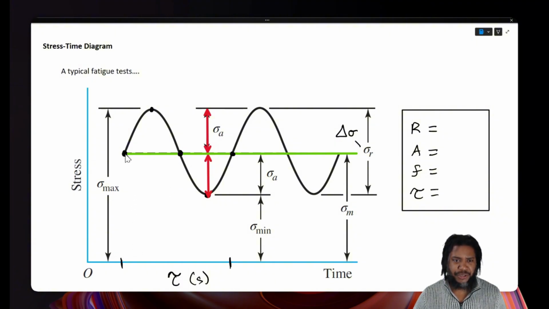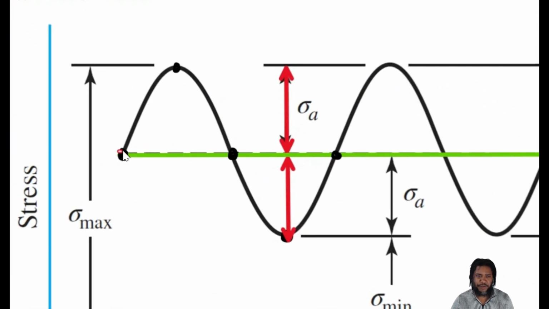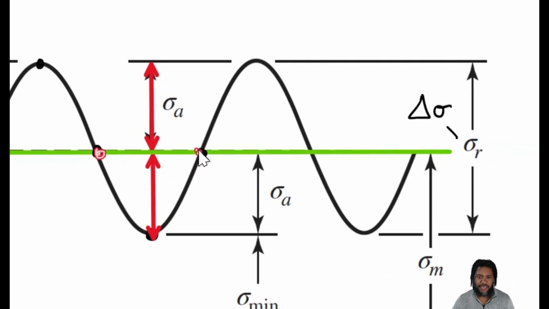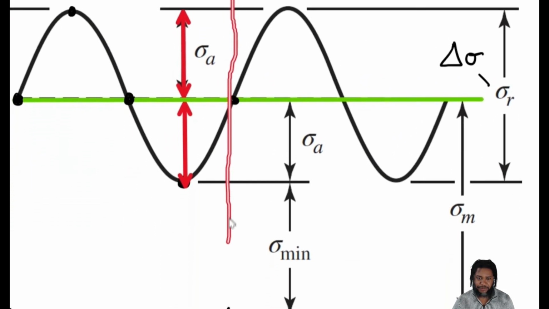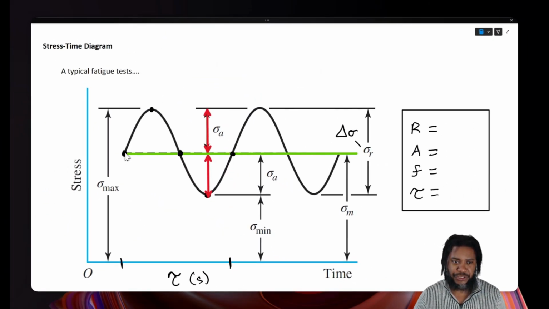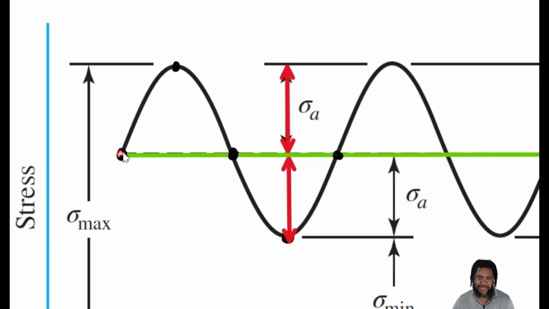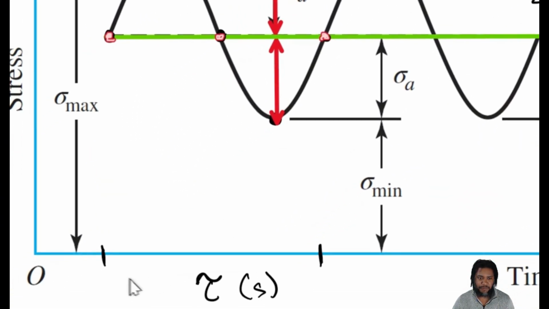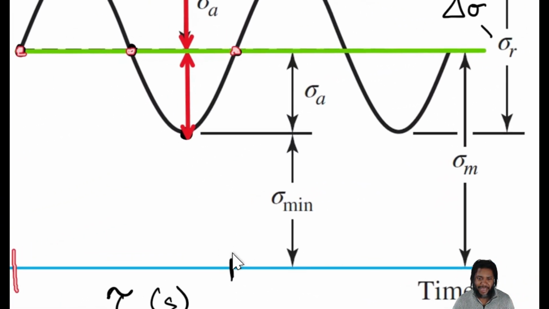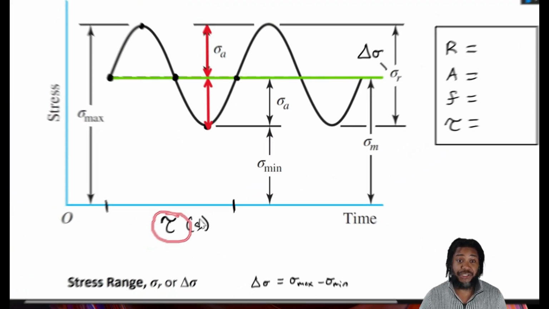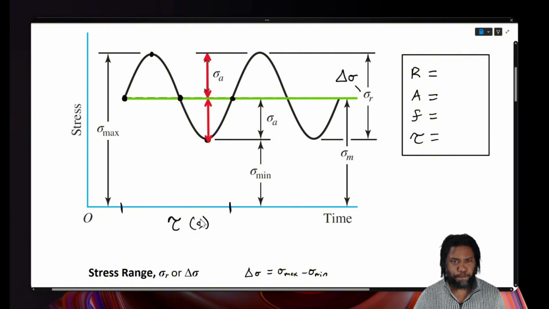That is located once we've passed through our initial point 3 times, which represents a single cycle. If we were under fully reversed conditions, that would be passing through 0. But under a general state of stress, it's passing through our mean value 3 times. The time span that takes is called the period, tau, and it's measured in seconds, right?